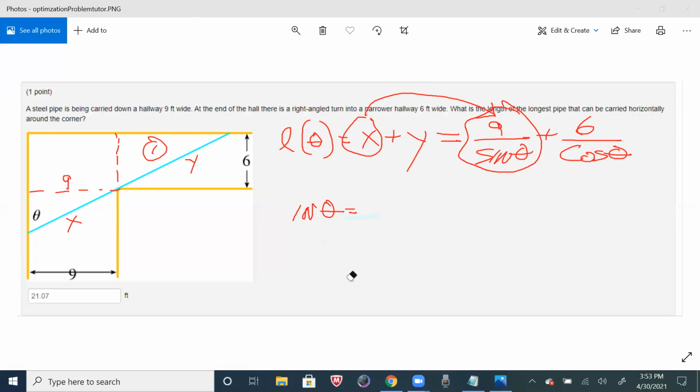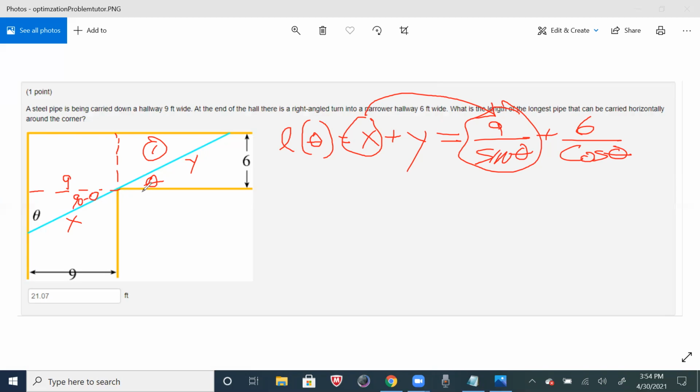Okay. And on the other triangle, let's see, Y, if that's theta, then the cosine, is that theta? No, that's not theta. In other words, this is 90 degrees minus theta.